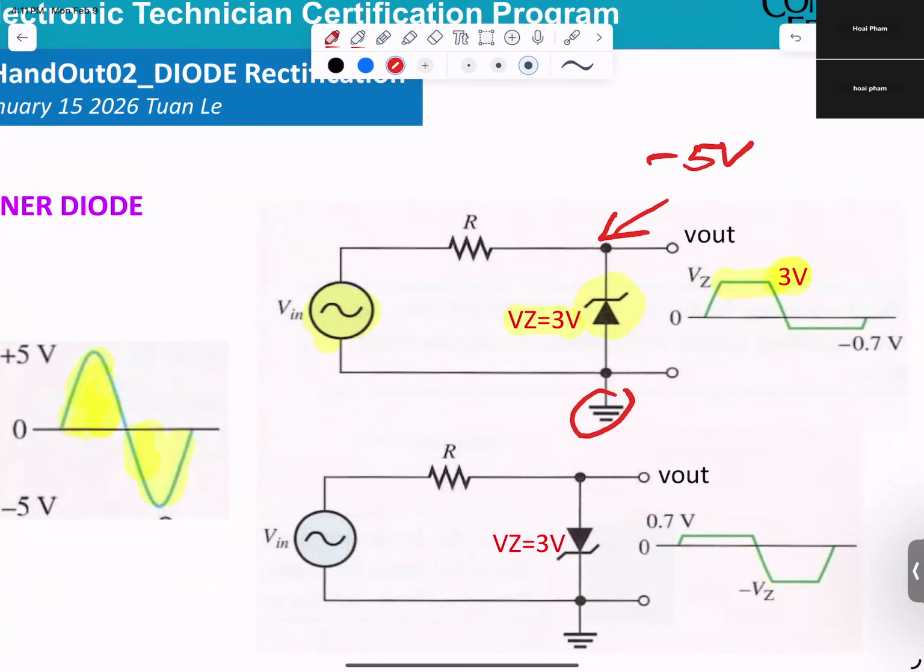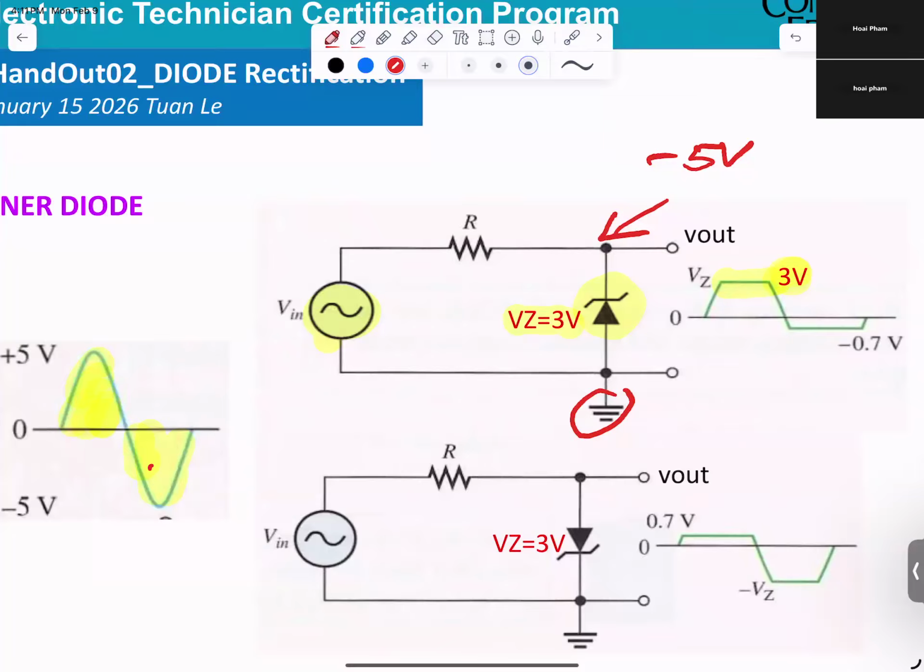First thing, it did not break down. It breaks down only when it is higher than 3. And now the negative part is less than 3 volts, so they do not break down. If they do not break down, we see what happens.